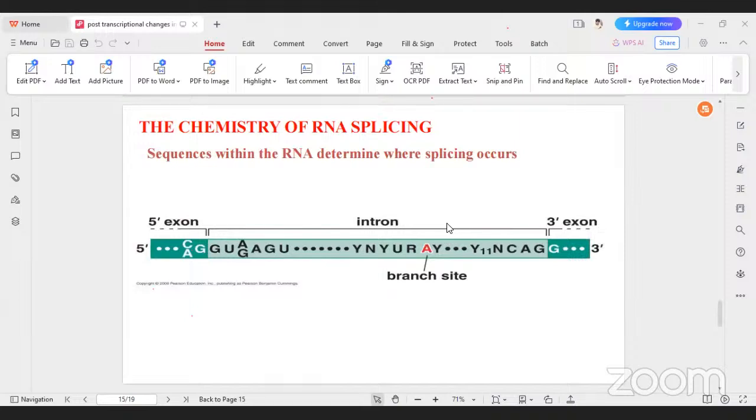The sequence within the RNA determines where splicing occurs, at the 5' exon site. Here is the exon site, and this is the intron. Between introns and exons, let's draw this. The exon ends with G, guanine.